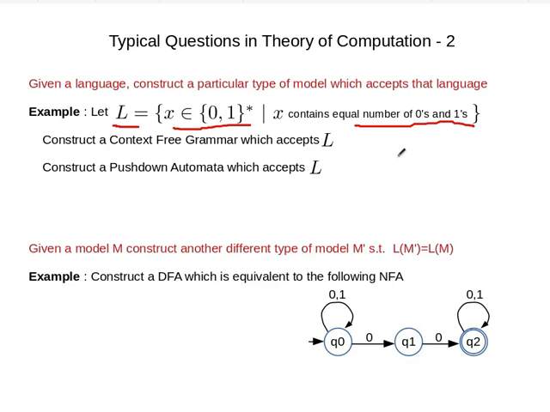Now, upfront it is not clear whether this language belongs to the regular class or context free class or context sensitive class or recursively enumerable class. But if you can construct, say, a context free grammar or a push down automata, so they are equivalent, we mentioned before, so if you can construct any one of them, then you can show that this language actually belongs to the class of CFLs.